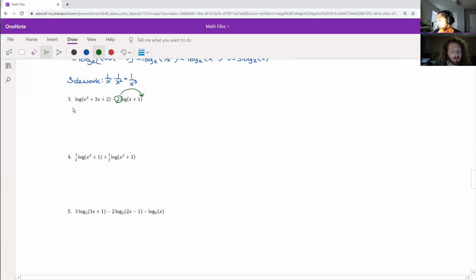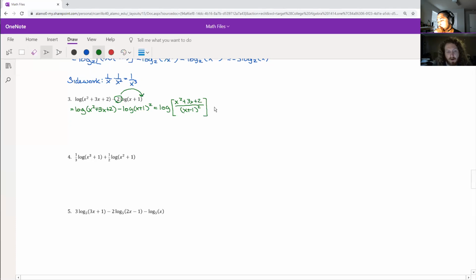Okay. So we will get that this is equal to log of x squared plus 3x plus 2, minus log of x plus 1 squared. And then this is going to be equal to log of the whole quantity, x squared plus 3x plus 2, divided by x plus 1 squared.